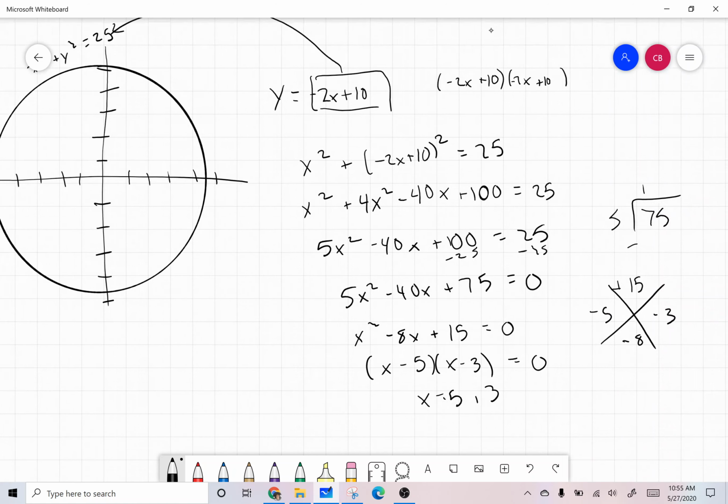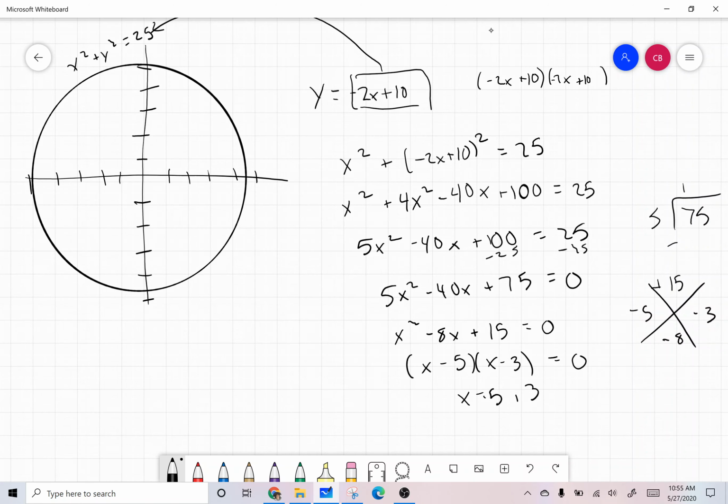Now, how do we figure out where those solutions belong? Well, if we plug 5 into y equals negative 2x plus 10, we get y equals negative 10 plus 10, or y equals 0. So that means (5, 0) is a point on the graph, so it must intersect here.